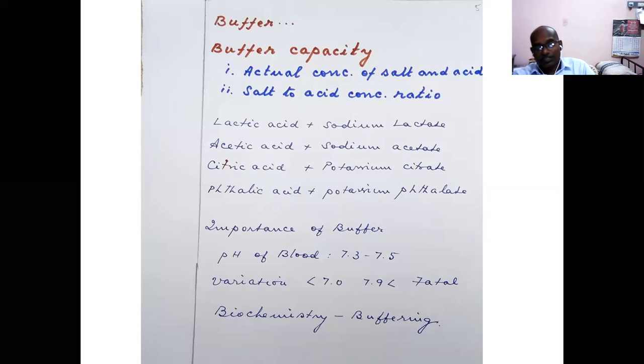But actually the pH of blood does not show much variation. If the pH goes below 7, if the blood becomes acidic, or if the pH goes more than 7.9, the effect will be fatal. It is very dangerous.